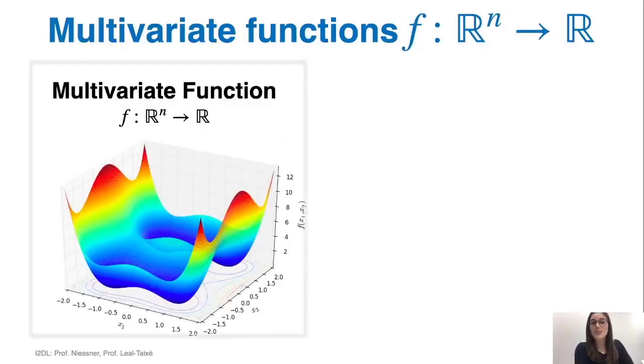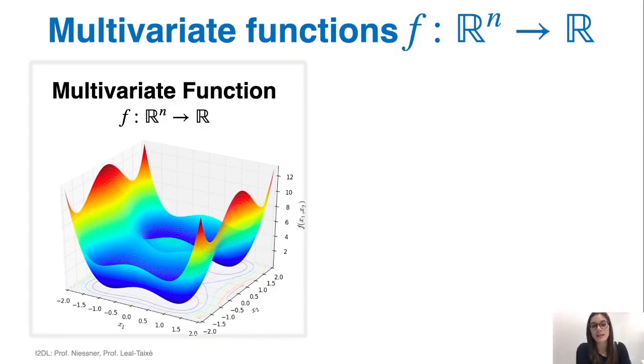So let's now switch to the higher dimensional setting. First of all, we want to have a look at the multivariate function f. In this case, we start with a setting where our function is going from R^n to R. On the left side of the slide, you can see a visualization of such a function.